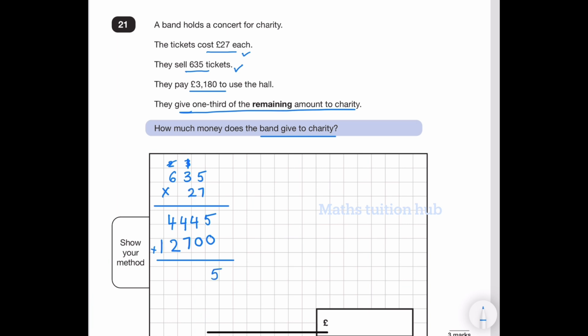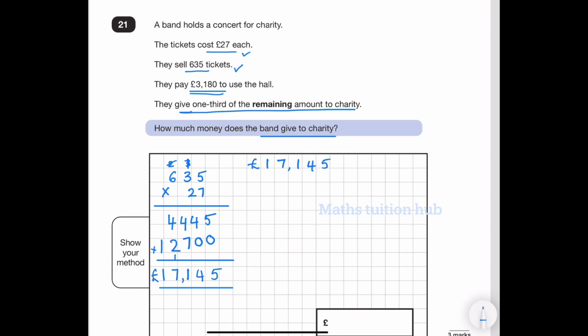That's 5, 4, 4 add 7 is 11, and 7, 1. So the 17,145 pounds. So they got 17,145 pounds by selling the tickets.